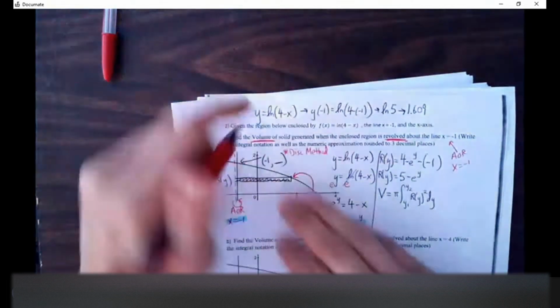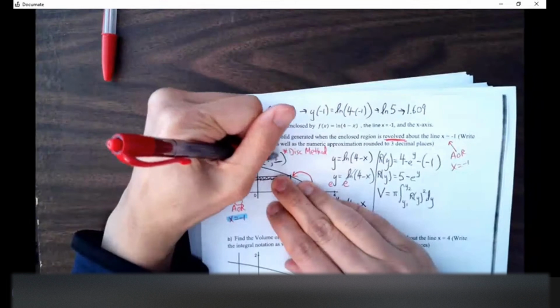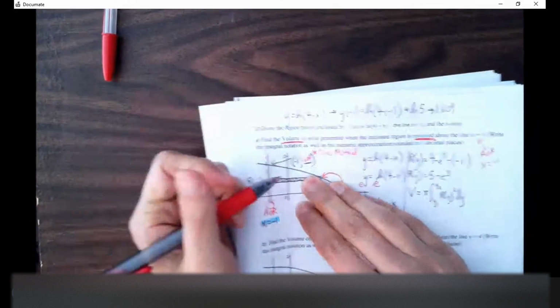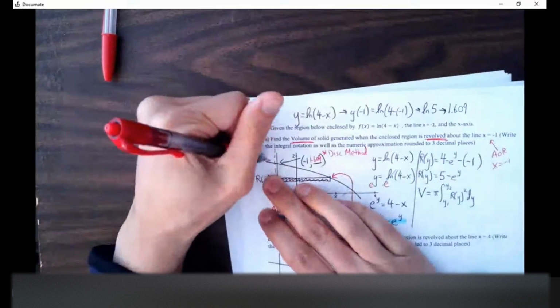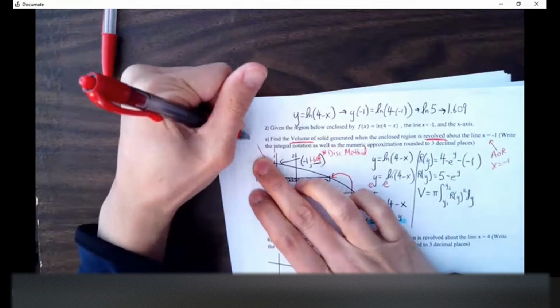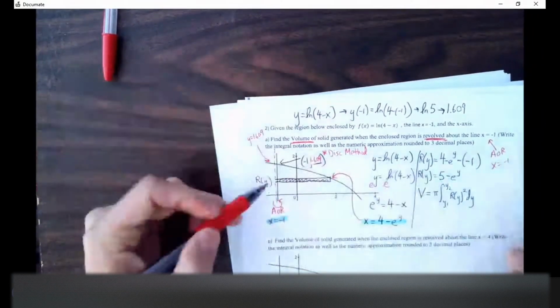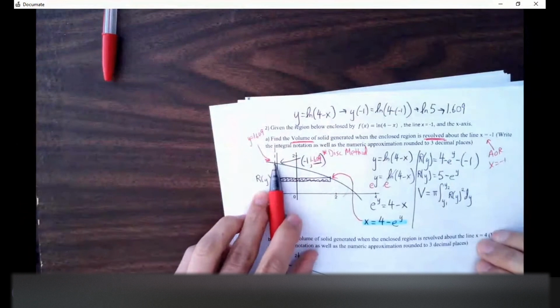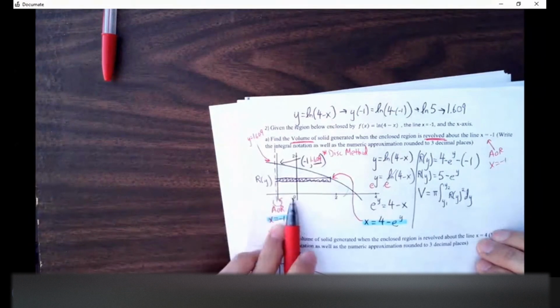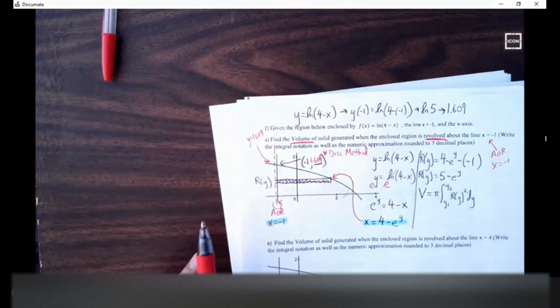So we found the y value of that ordered pair, which also happens to be what we need for our bound. This is the highest point of my y value of the shaded region, and lowest is 0.